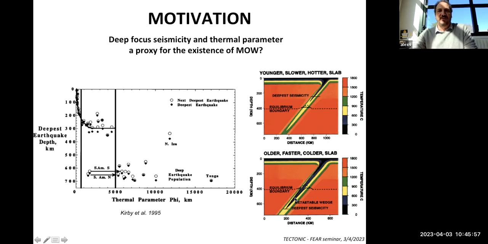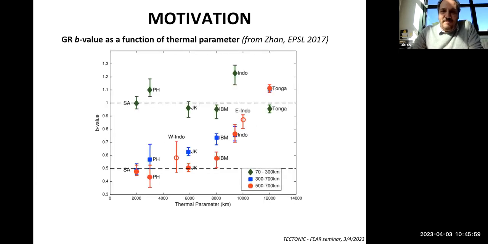olivine here, which should transform into its high pressure form at the 410 boundary, basically is prevented from doing so for kinetic reasons. Another striking thing about the deep focus earthquakes is the dependence of the b value of the deep earthquake population on the thermal parameter. And here you see the b value, this is a compilation from a paper by Zhongwen Zhan in 2017, where in green you see the b value measured along several subduction zones. For the intermediate depth seismicity, it's around 1.